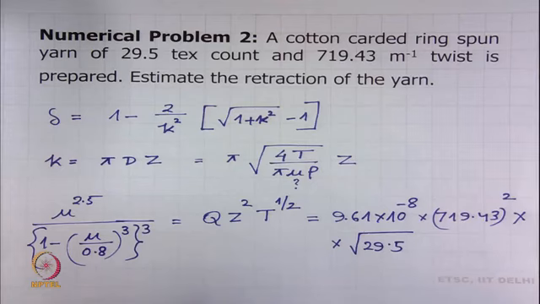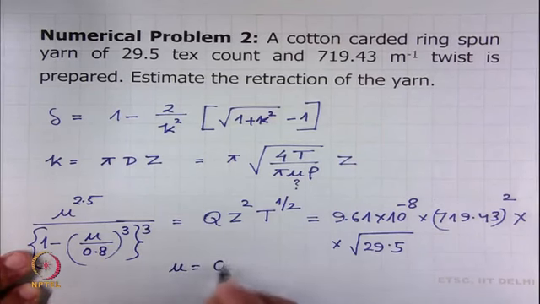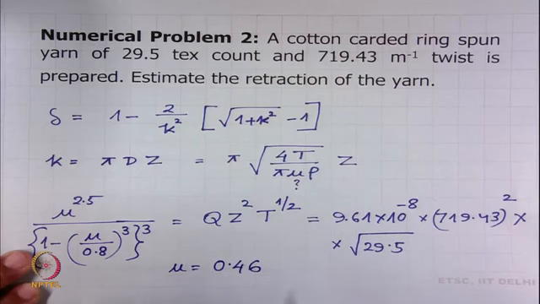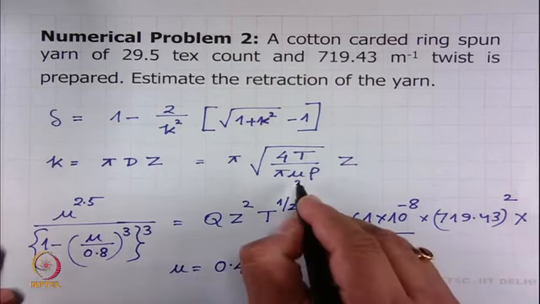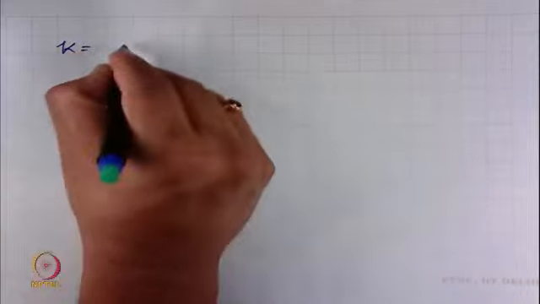So, this we have already solved. If you solve, mu is equal to 0.46. This mu you will substitute here. Then you will find out kappa.